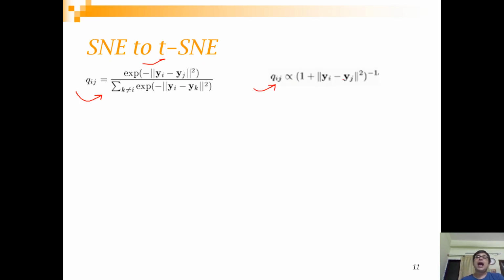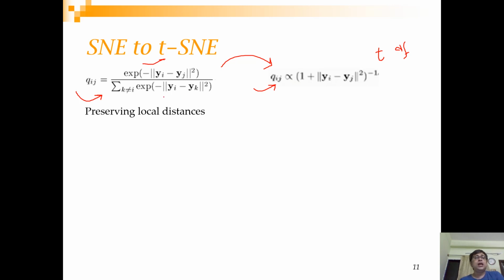This represents the normal distribution, and this actually represents Student's t distribution with a degree of freedom 1. That's why, as tSNE in the lower dimension follows this probability distribution, you call this tSNE. Now, an obvious question that should come to your mind is why do you follow the t distribution? So let's try to answer that.